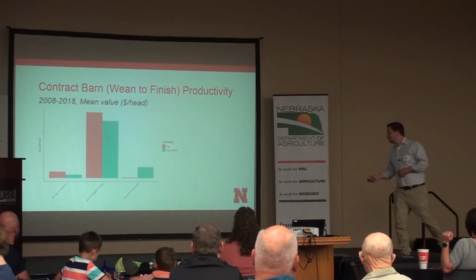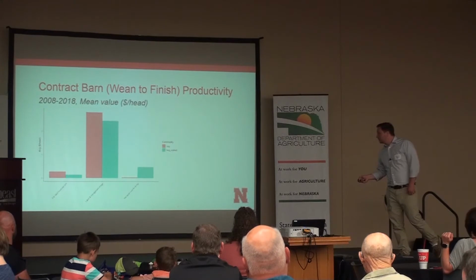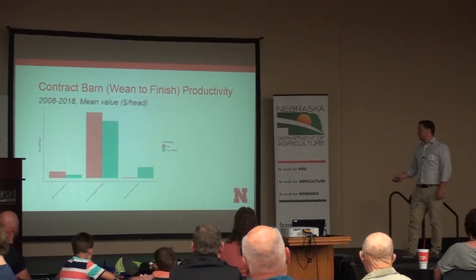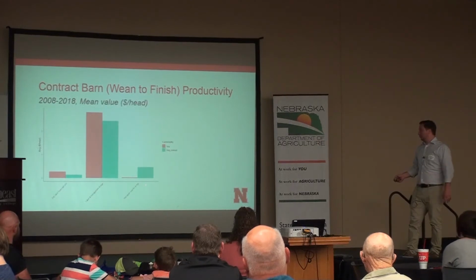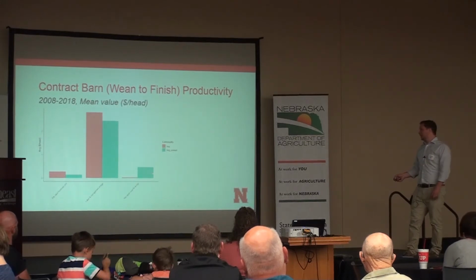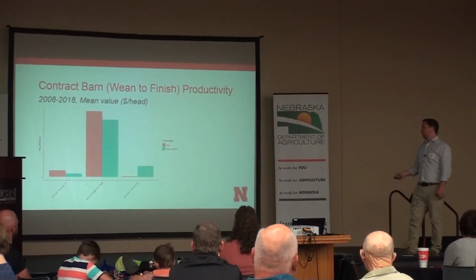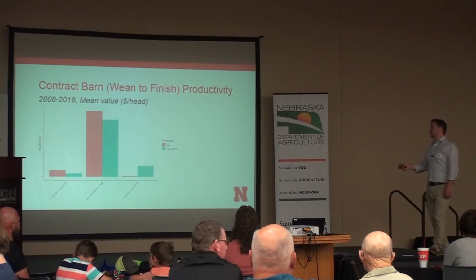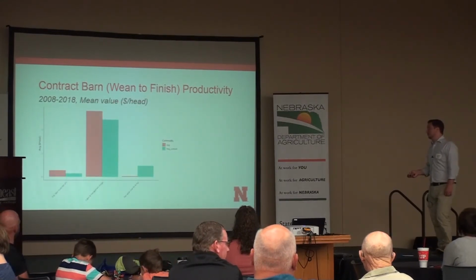So this is in dollars per head. On average, your labor is a little bit lower, so you're charging yourself a little bit more, but your net return over labor and management, on average, over these 10-year periods, is a little bit higher for a contract barn, specifically for wean to finish contract barns.